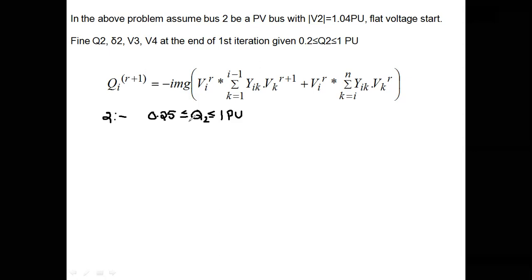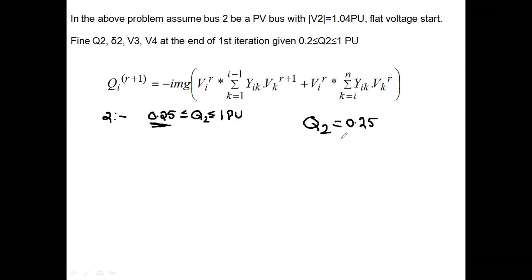The calculated value is less than the Q2 minimum. In this particular case, you need to set Q2 to its minimum. Please try to understand. If the calculated value is less than the Q2 minimum value, obviously you can set Q2 equal to 0.25.